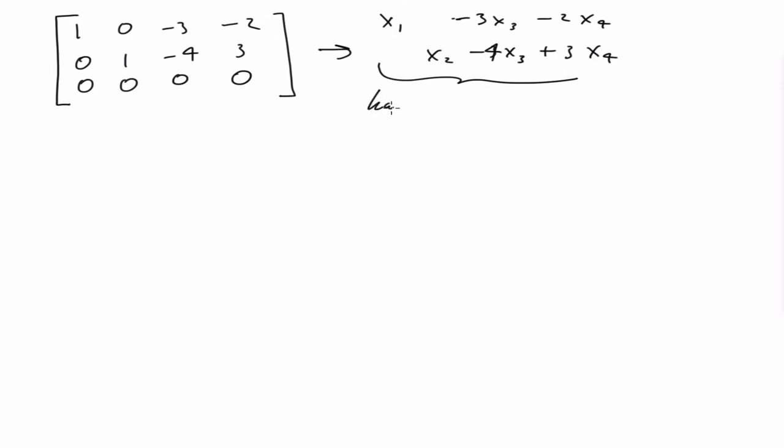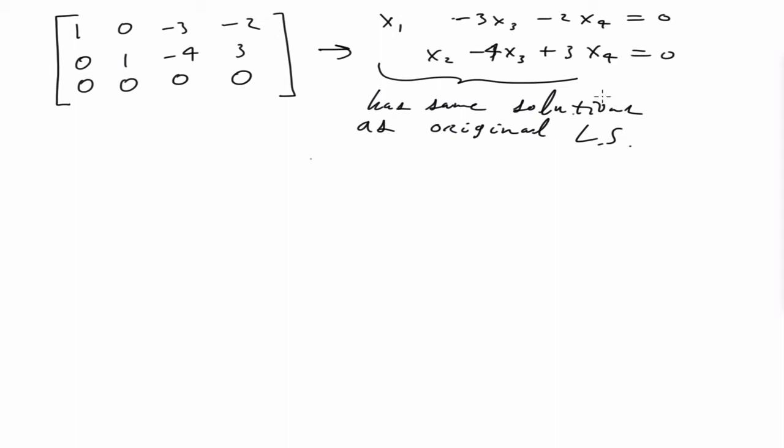This has the same solutions as the original linear system that we saw on the previous page. But remember this was equal to 0 and that was equal to 0. Sorry about that, that needs to be put in there.